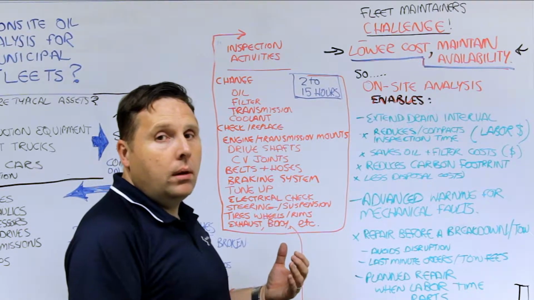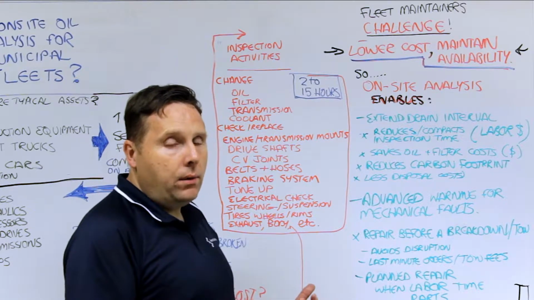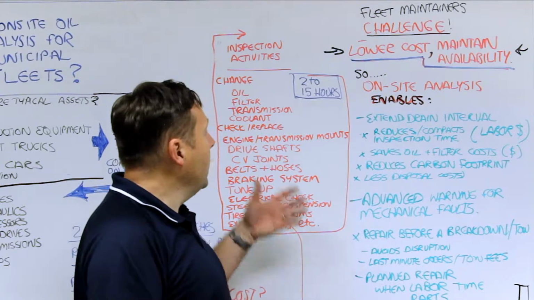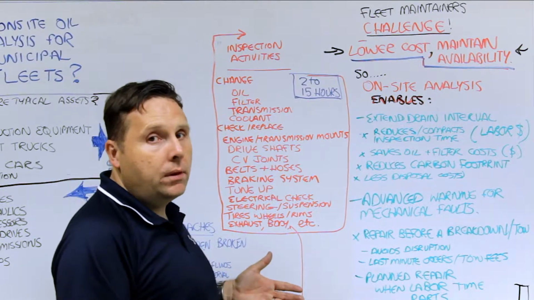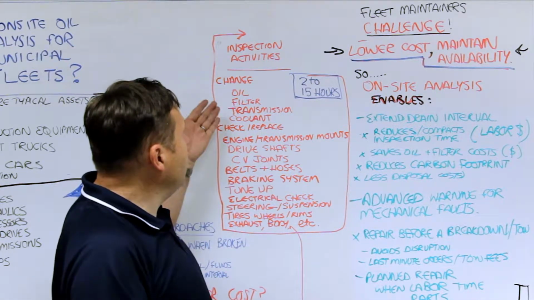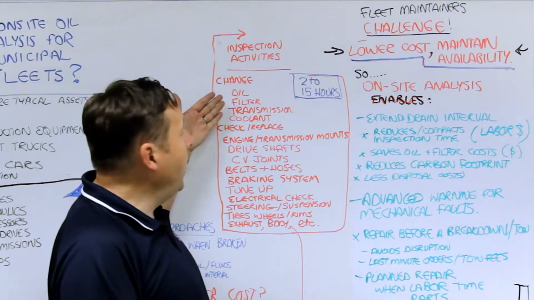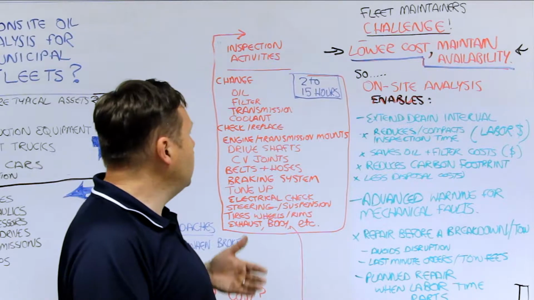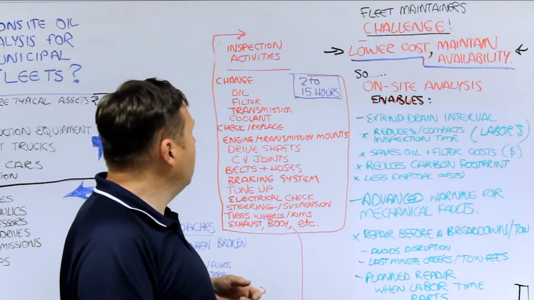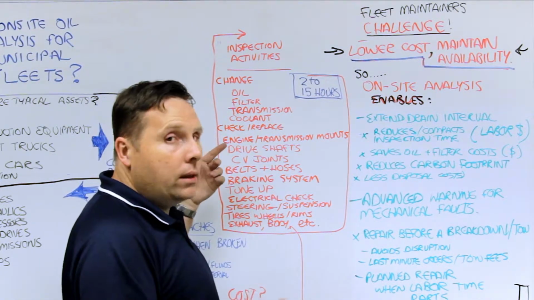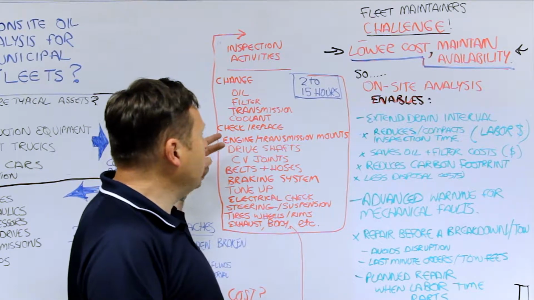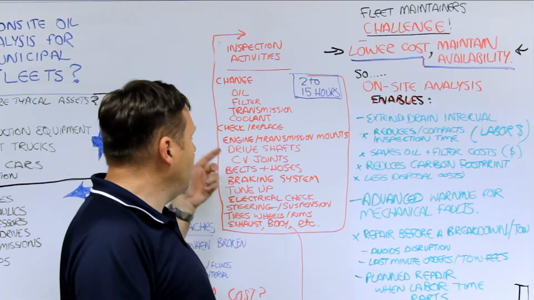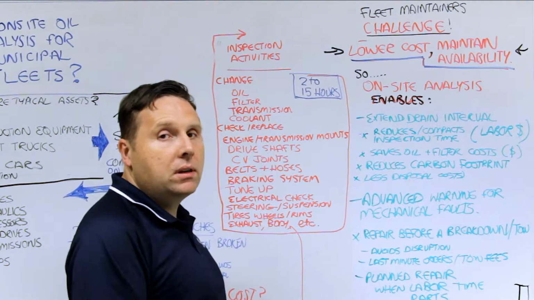A PM that is typically performed on any vehicle in the shop or the garage where the vehicles are housed can involve a number of different activities. So the obvious ones would be changing oil, fluids, filters, transmission, coolant, check or replace transmission systems. You also need to check while the vehicle is in. You need to do some quick checks like transmission mounts, drive shafts, CV joints, braking systems, electrical checks, steering, suspension.